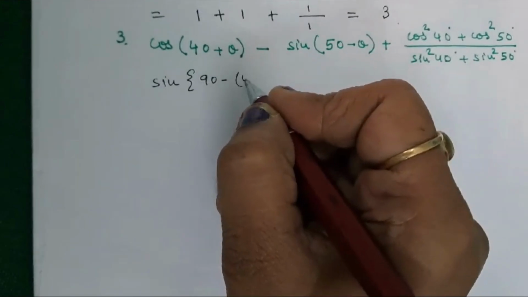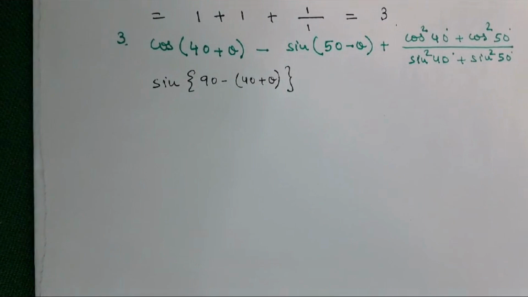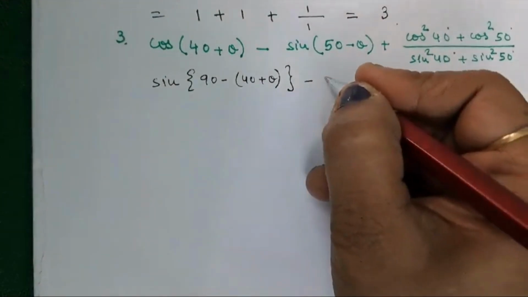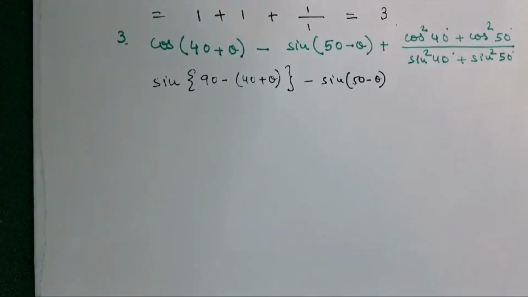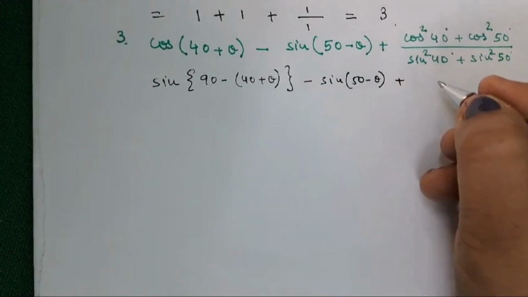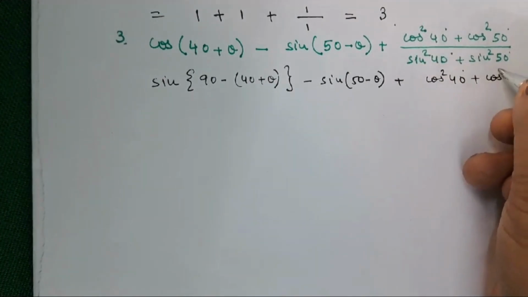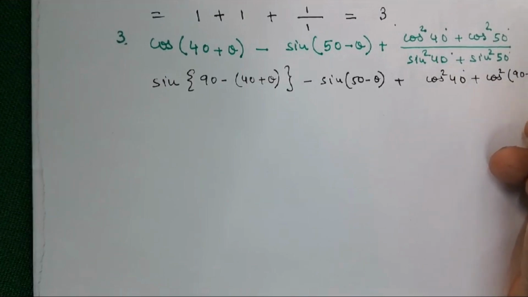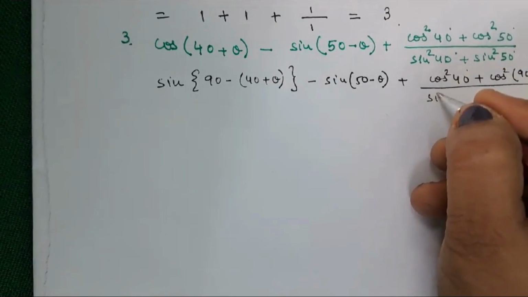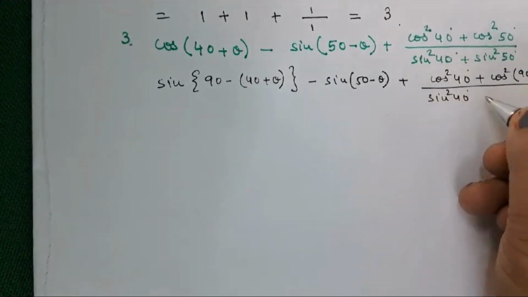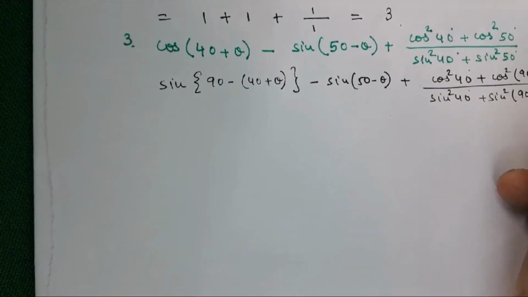90 minus 40 plus theta, minus sin 50 minus theta, I am keeping in that form only, plus cos square 40 plus cos square 50, I am writing as 90 minus 40, whole by sin square 40 plus sin square 50, I am writing as 90 minus 40.